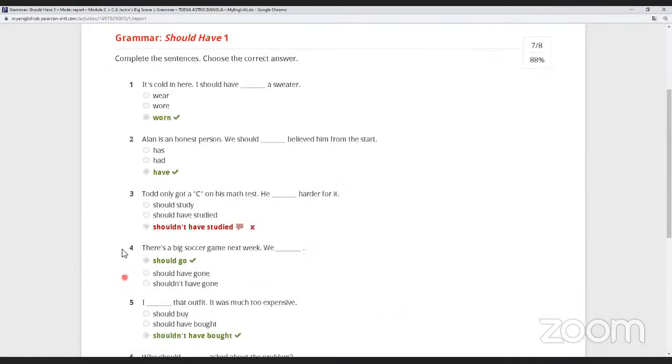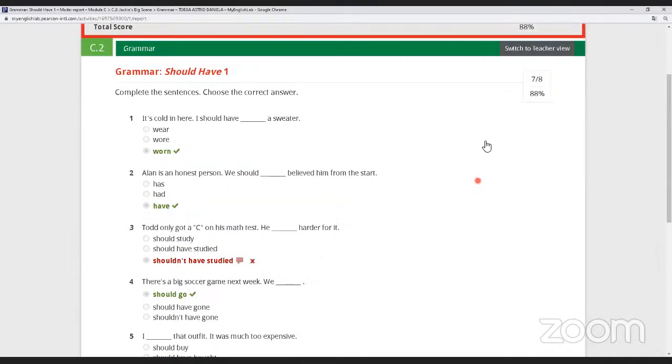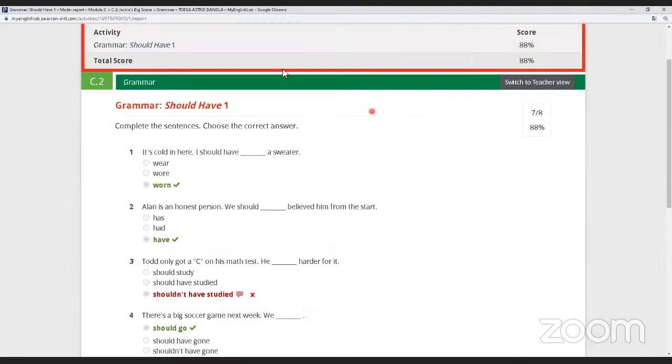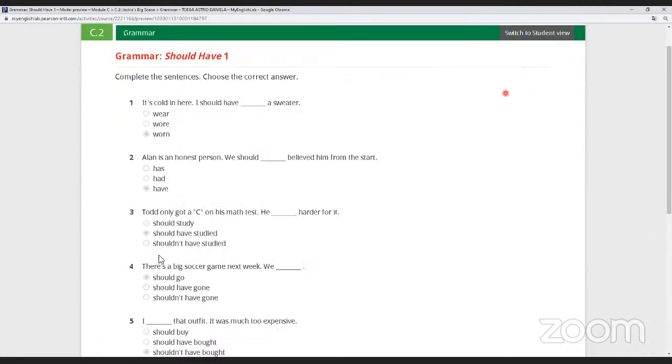All right. So Todd only got a C on his math test. Okay, this is a great one. I'm going to take it was number 3, right? Let me check. Okay. Shouldn't have started. The correct one was should have.